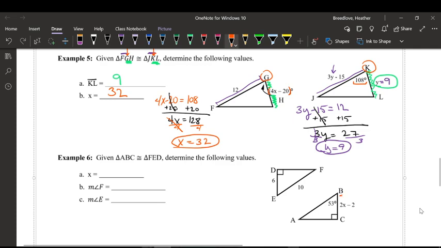So if I want side length BC, you see, what does that correspond to? BC corresponds with ED, and I can see that ED is 6. So 2x minus 2 equals 6.